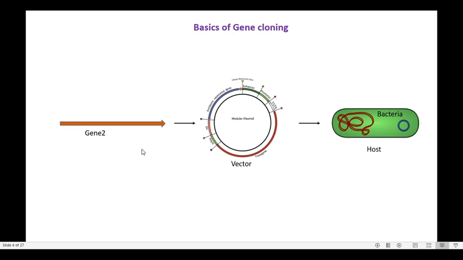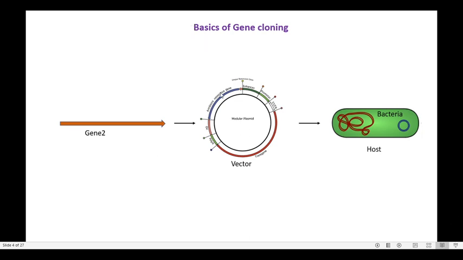Then how is the vector transferred into the host? And once after transformation, how will we make sure that the vector which has our gene of interest is present in the host? These are all questions we need to answer to know about gene cloning.